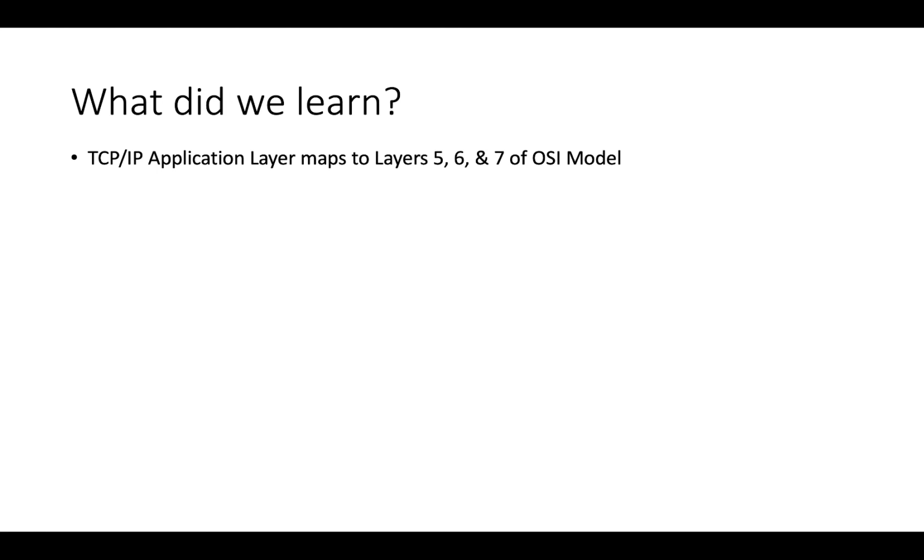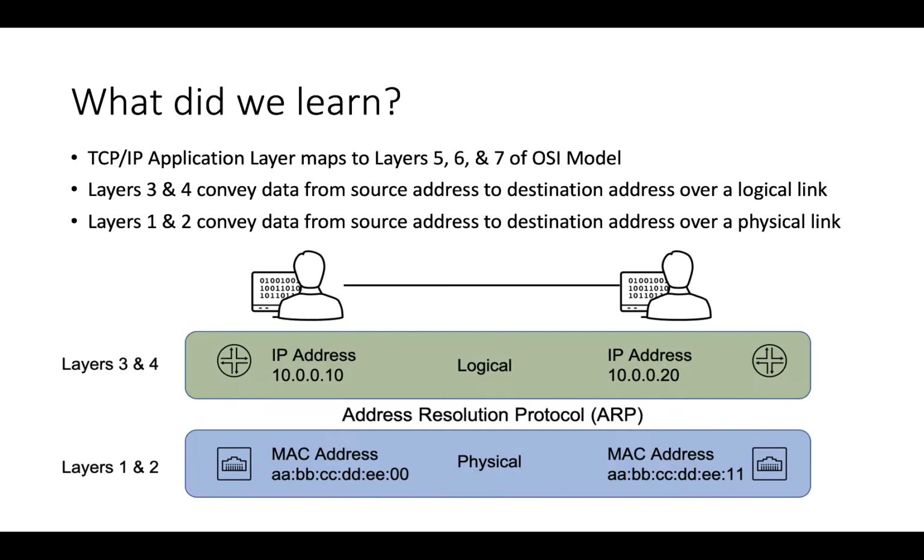The TCP/IP application layer maps to layers 5, 6, and 7 of the OSI model. Layers 3 and 4 convey data from source address to destination address over a logical link. Layers 1 and 2 convey data from source address to destination address over a physical link.